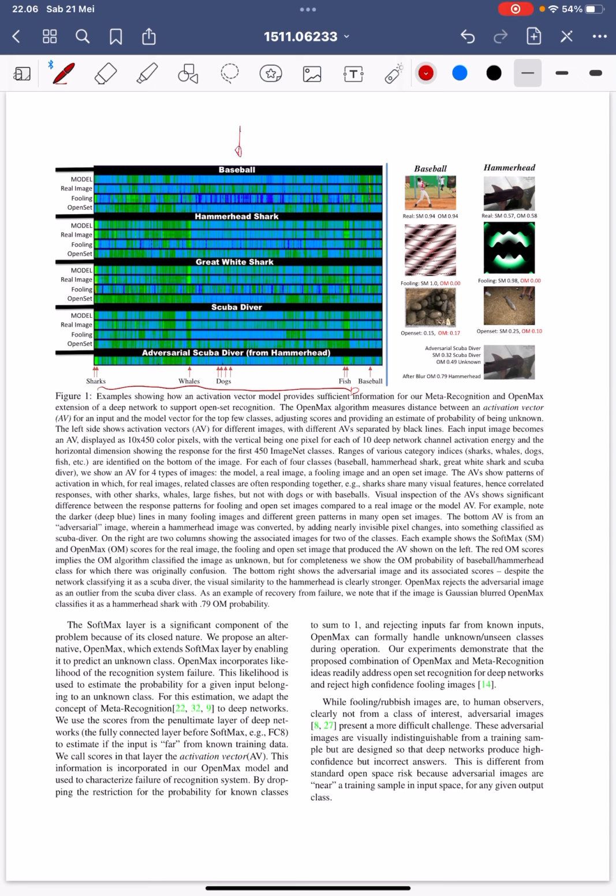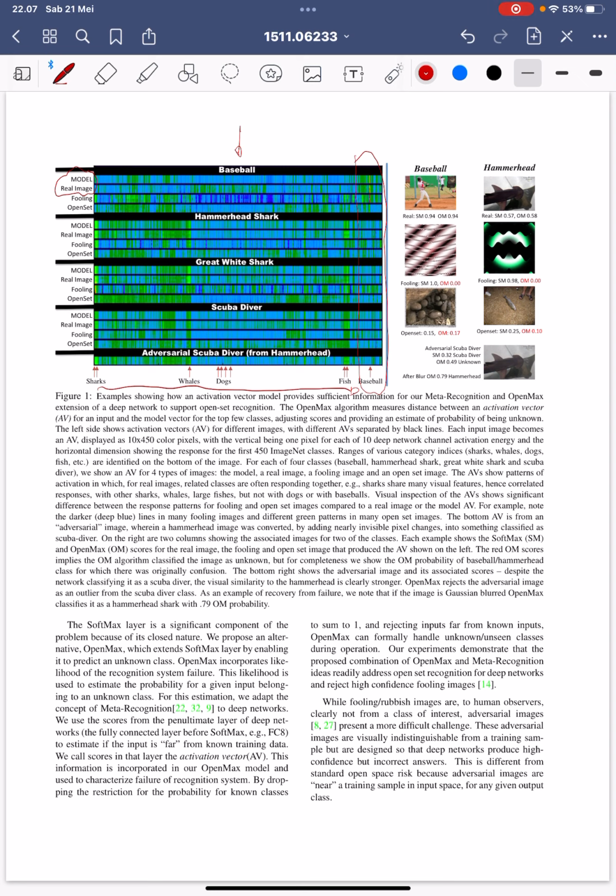This is the baseball class, and this is the original model and real images. In the baseball class, it provides a high activation score, illustrated in green colors, and low activation is in darker blue colors.